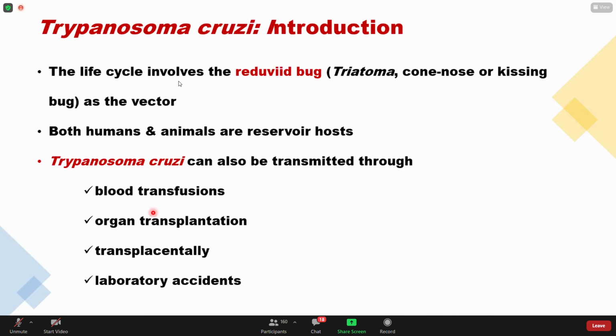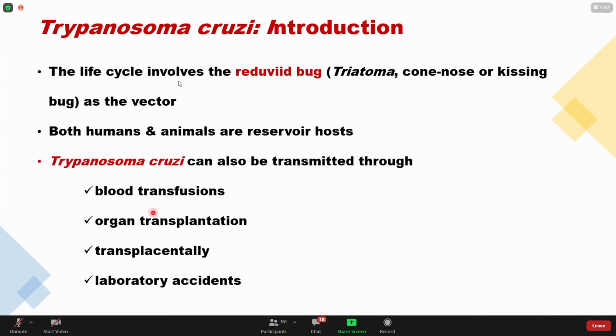And what this bug does, because it's an avid blood sucker, when it starts feeding on blood, it defecates so that it can widen its abdominal cavity to take in more blood, okay? The infective form of the parasite is found in the feces of the Reduviid bug. So it's not the bite that transmits the infective form.